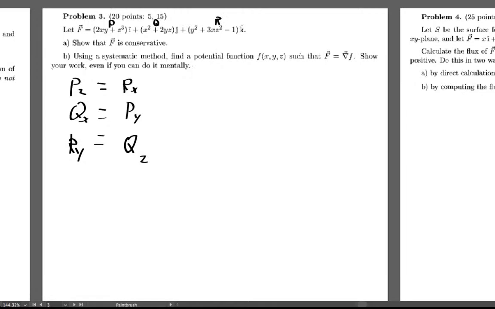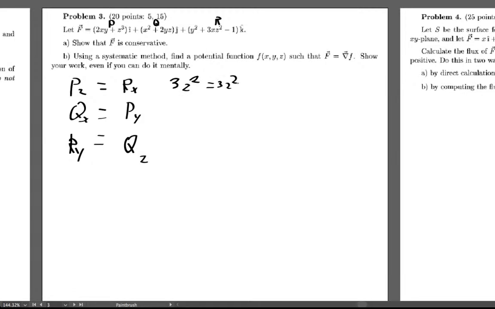Let's first do Pz. When you do Pz, it is going to be 3z squared at the very end. What about Rx? When you take the partial derivative, y is constant and -1 is also a constant, which means 3z squared is the answer.